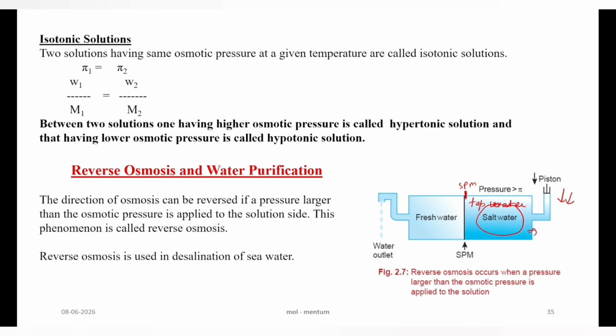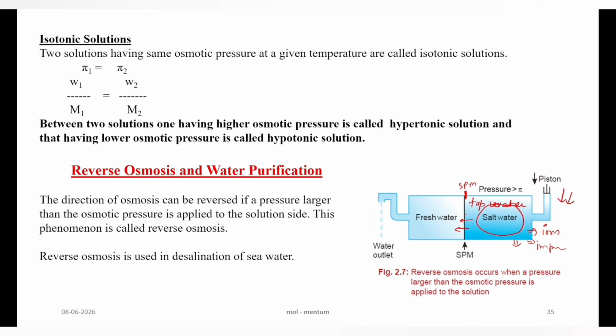Solute means whatever ions we have, metal ions, impurity, sand, anything. Any type of impurity is solute. And whatever water is there in the tap water or salt water, that is pure solvent, and that is allowed.